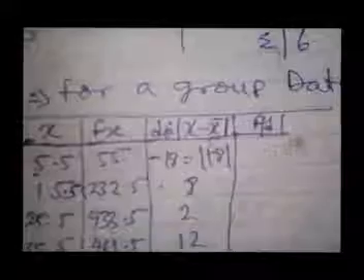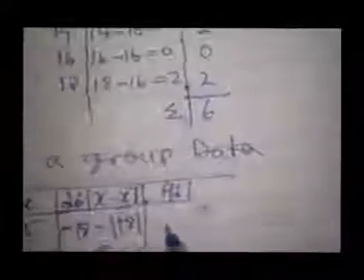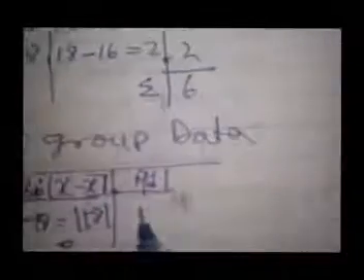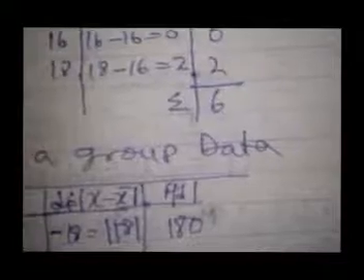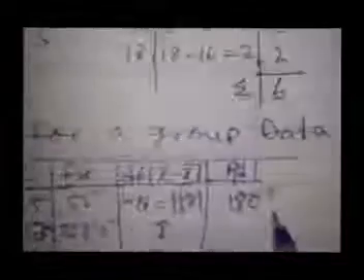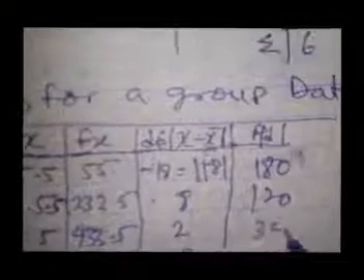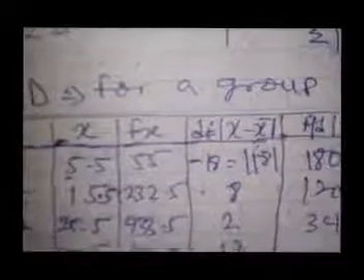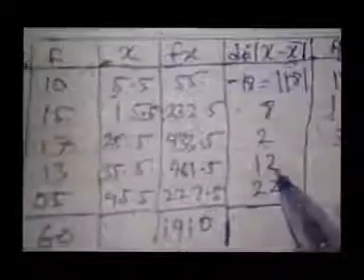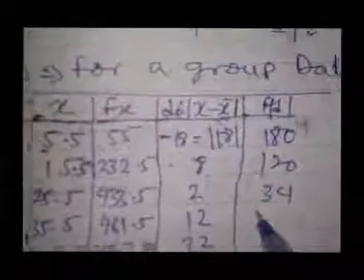So f of d: frequency 10 multiplied by 18 gives you 180. 15 multiplied by 8 gives us 120. 17 multiplied by 2 gives us 34. 13 multiplied by 12 gives us 156.